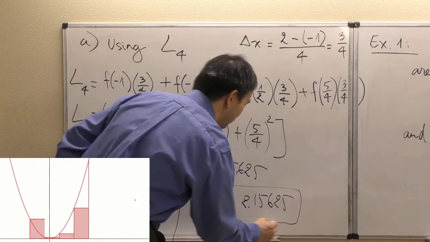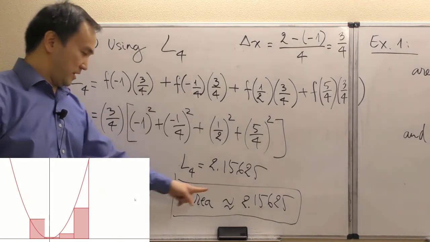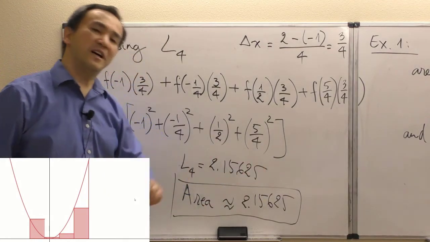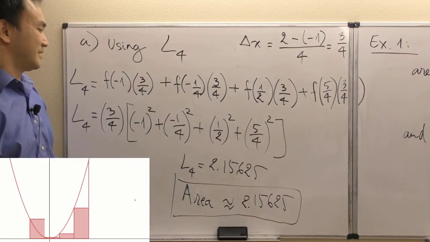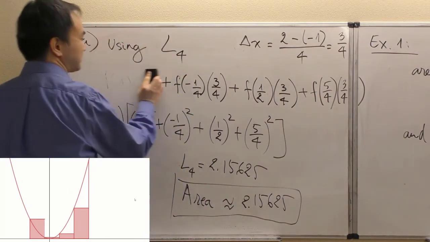We have approximated the area using L4, and L4 is 2.15625. Okay, all right, so now same problem.